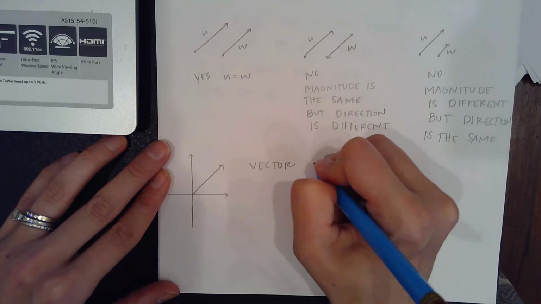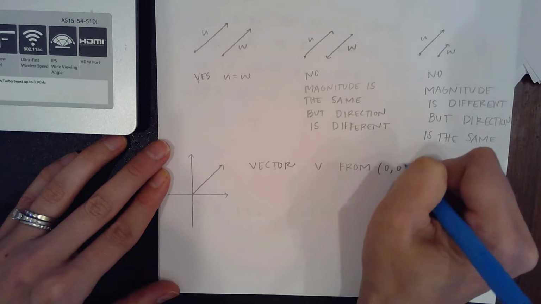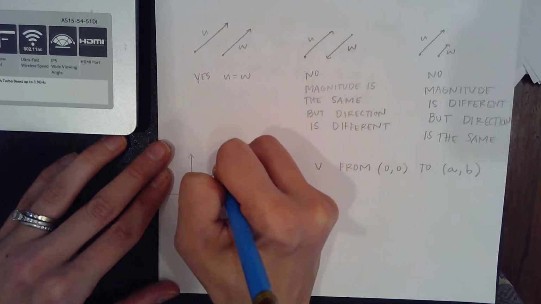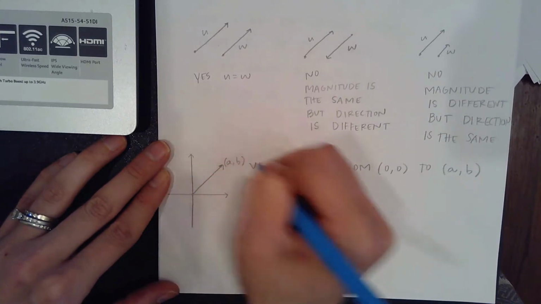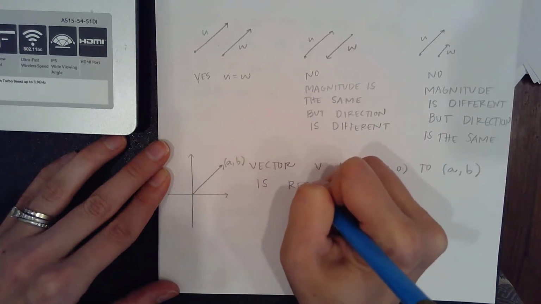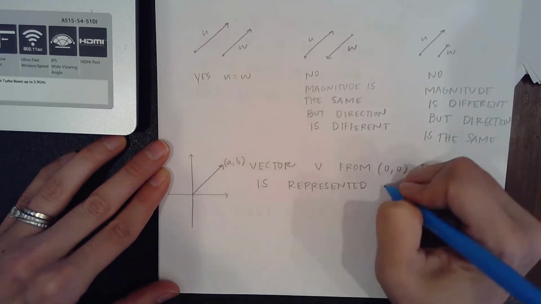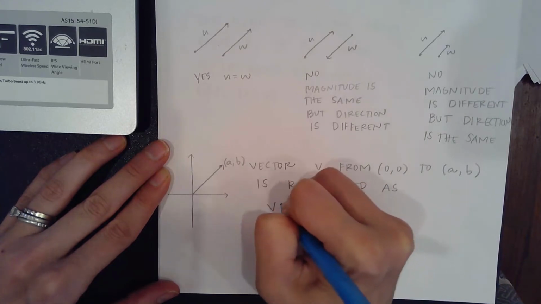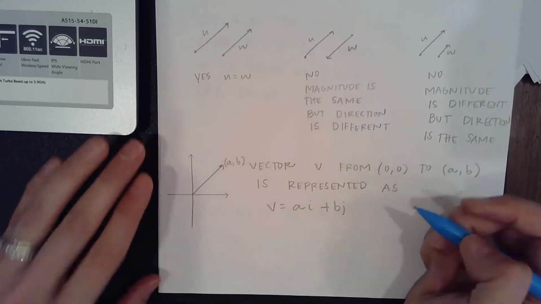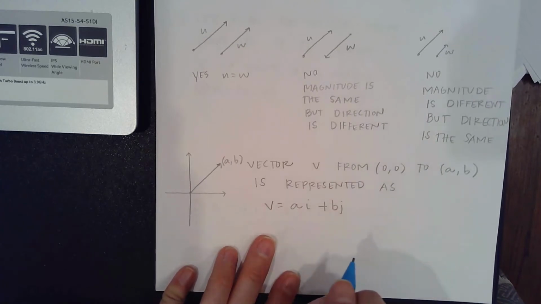So vector v from 0, 0 to some point a, b. So here's some point up here, a, b. This is how it's represented: vector v is going to be equal to ai plus bj. And so this is a linear combination. Okay, so this is in linear form here.